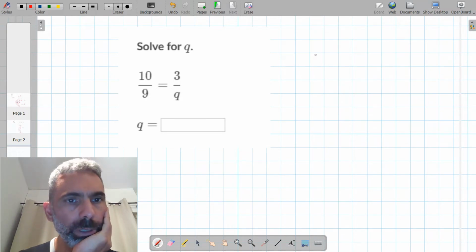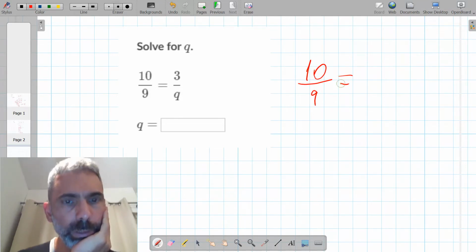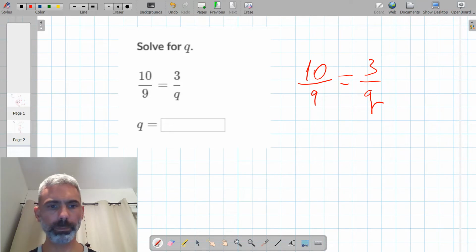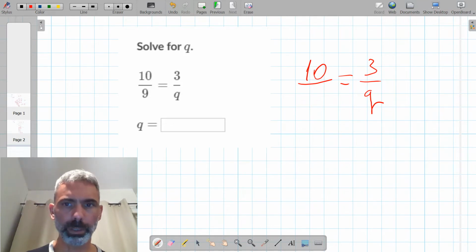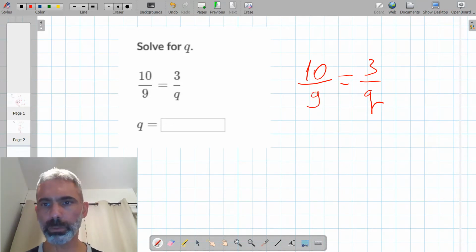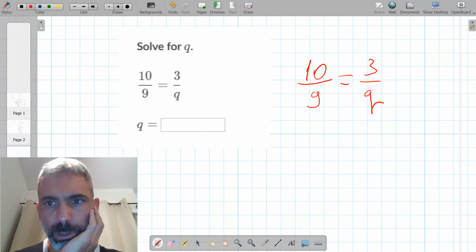Solve for q. Okay, so again, 10 over 9 equals 3 over q.